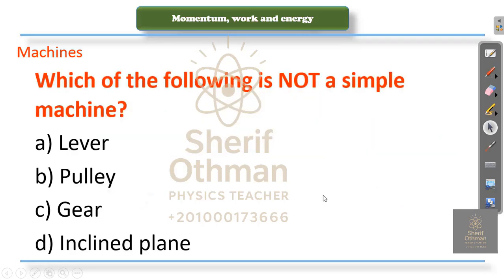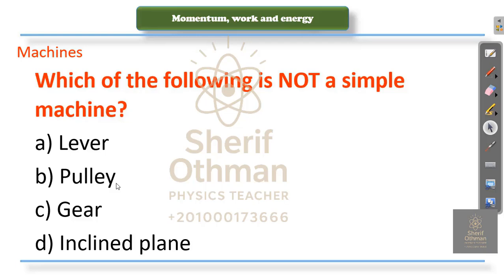Which of the following is not a simple machine? Again, guys, we have two different types of machine. One of them is a simple machine, as we said, and the other is a compound machine. What is a compound machine? It is a machine which consists of more than one simple machine, like using two pulleys to make a machine.